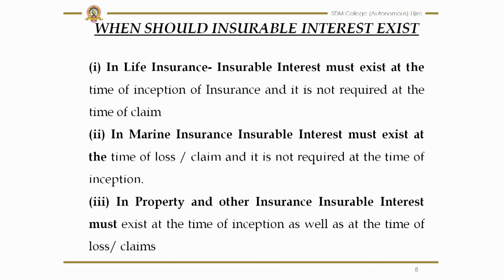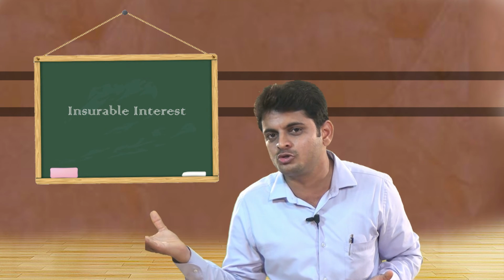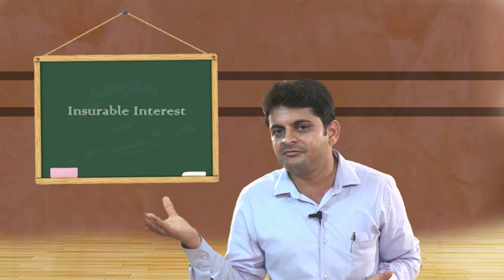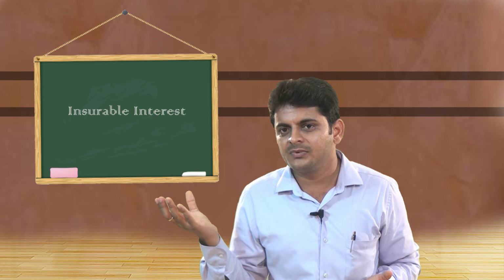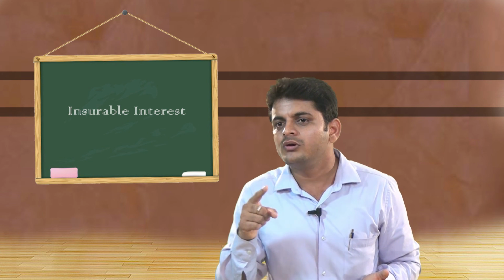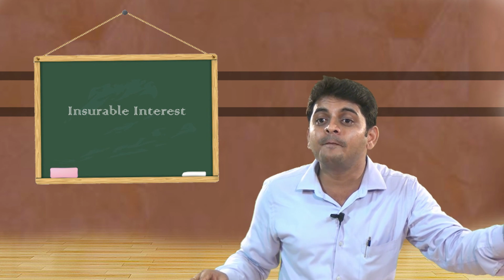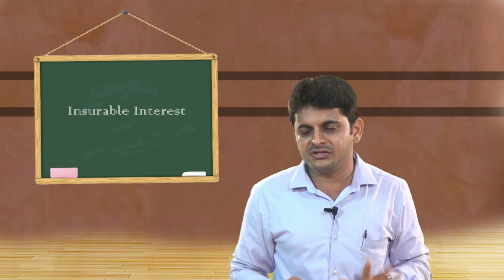If you study marine insurance further, you will understand what that is, because sometimes the importer will take insurance, sometimes the exporter will take insurance. If the exporter takes insurance, he has to take care of the property from his point of delivery to the importer's point of delivery, the destination.